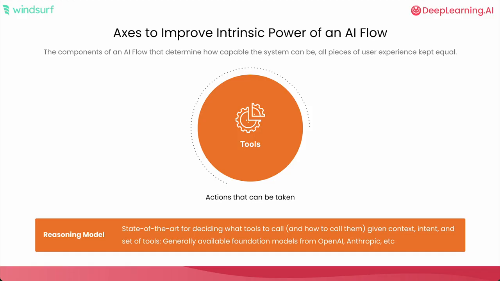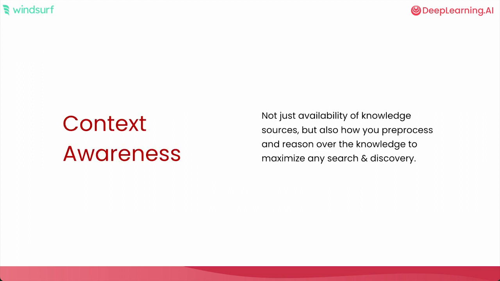But these don't actually capture the full set of axes that you could use to improve an agentic experience like Cascade. The first one that I want to mention is the idea of context awareness. We touched upon this a little bit earlier when we talked about how improving access to knowledge can improve and ground the results from AI systems.